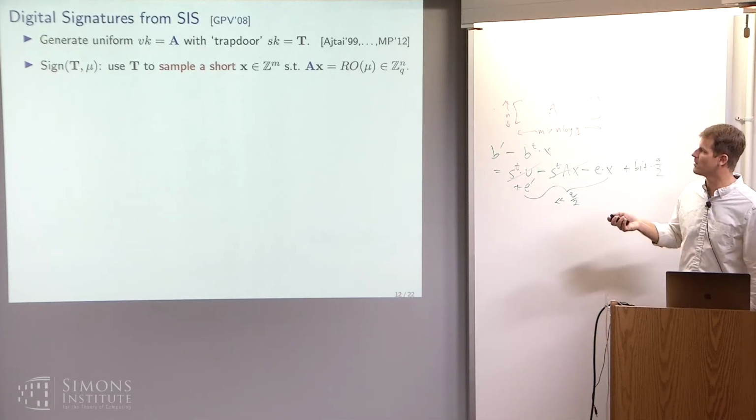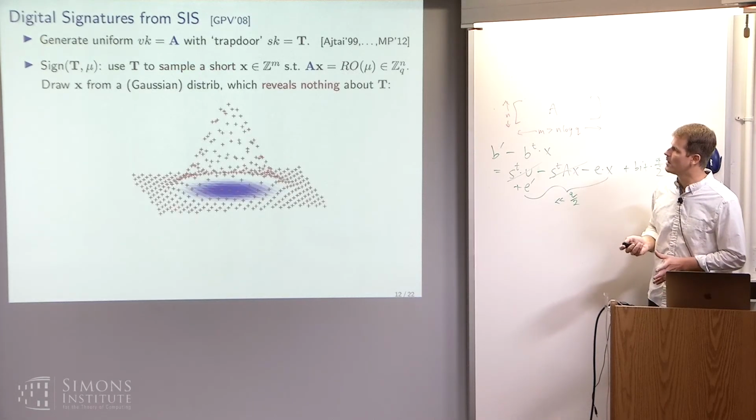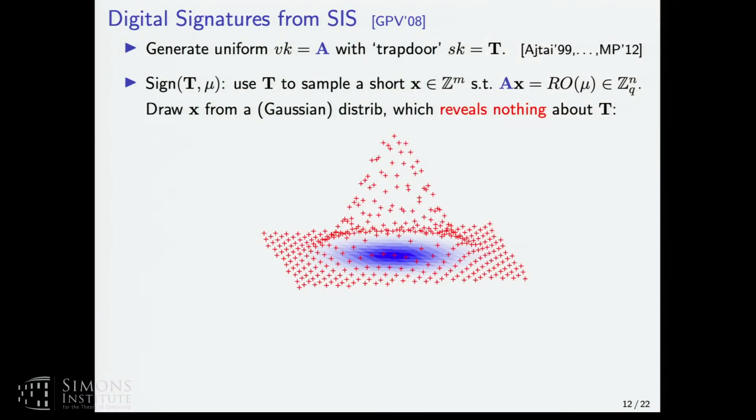So we're going to sample a short solution to this equation here. To be a little more precise, what we need to do is to draw the signature X from a distribution which doesn't reveal information about the trapdoor. So this is going to be some kind of oblivious sampling algorithm. And concretely, what we will do is draw X from a Gaussian distribution. There's a whole set of solutions to this equation. There's lots of short vectors X that satisfy this equation.